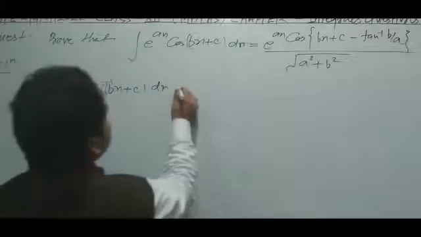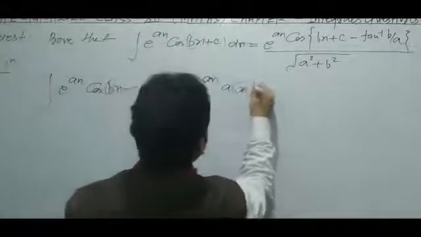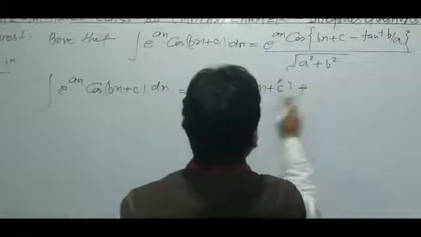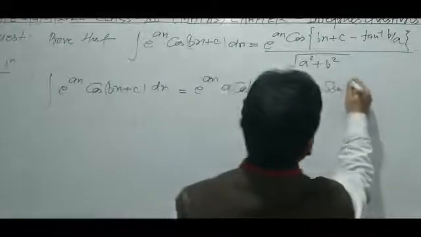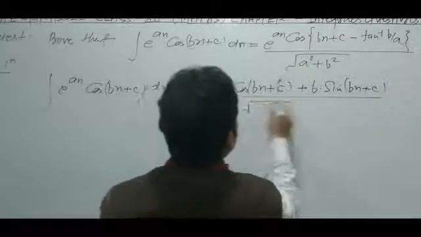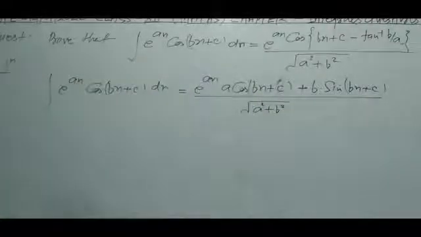So its integration result is e to the power ax into (a cos(bx + c) plus b sin(bx + c)) and whole upon root over a square plus b square. We have already proved this. This is the result after solving the integration.